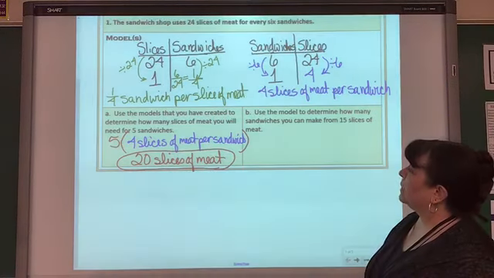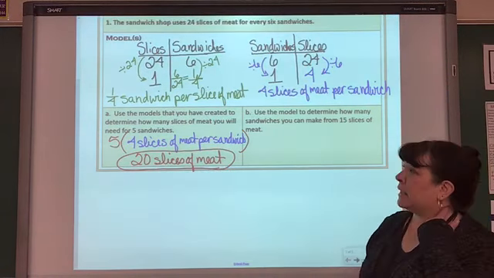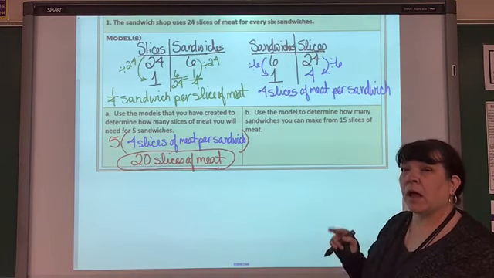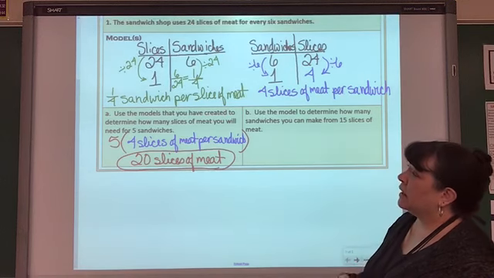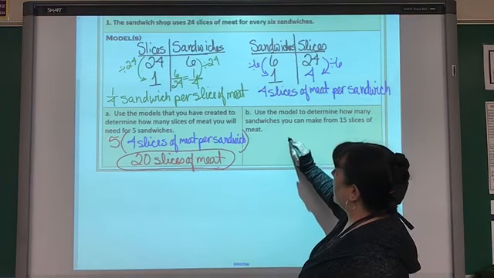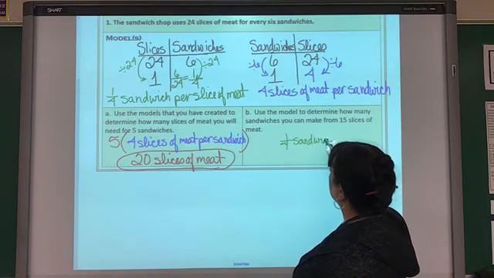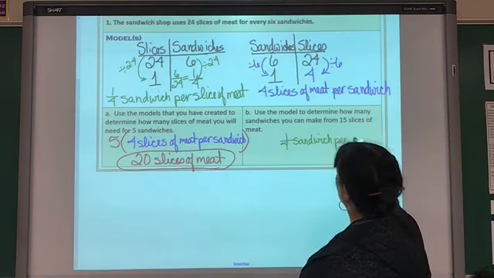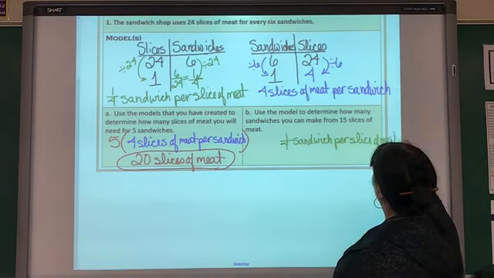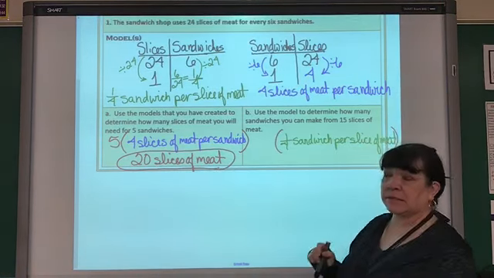Here, we want to determine how many sandwiches you can make from 15 slices of meat. Again, in this case, I would want to use whatever I have for per slice of meat. Okay, so that would be using my other one. I know that I have 1/4 sandwich per slice of meat, and I can simply multiply it by the number of slices of meat.